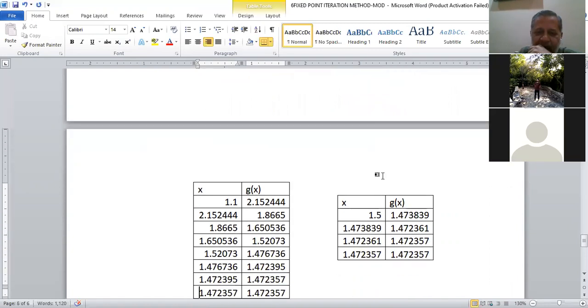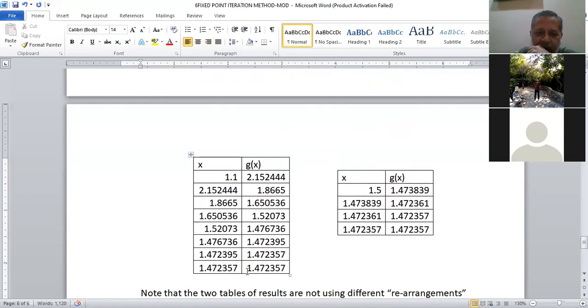And starting with 1.1, we get the root correct to 6 decimal places after say 8 iterations. If I start with 1.5, I get it more quickly because 1.5 is closer to 1.472357, which is the seventh root of 15. 1.1 was too far away.